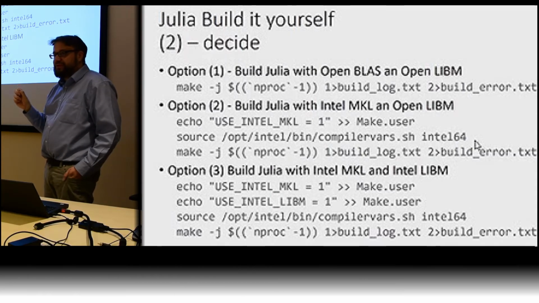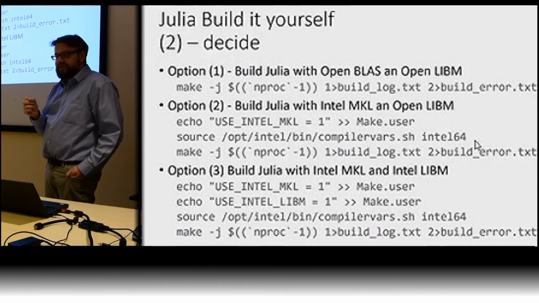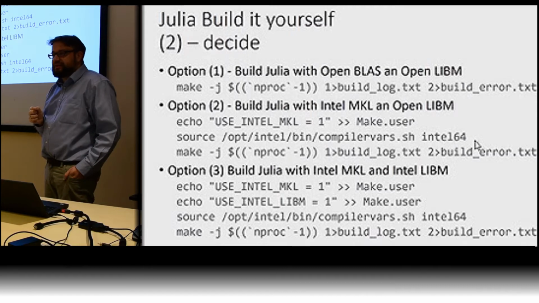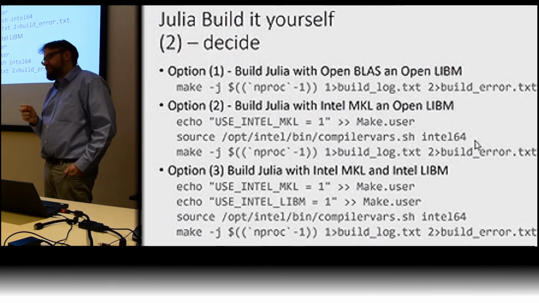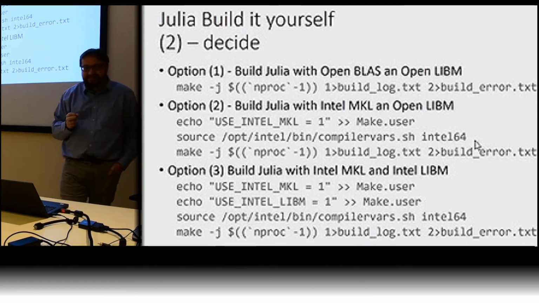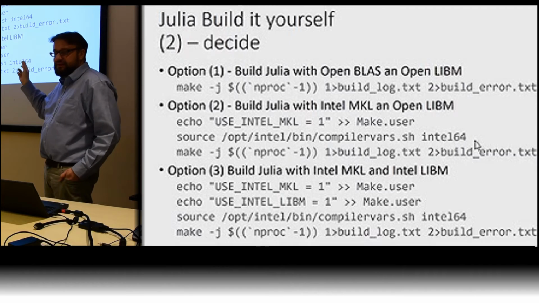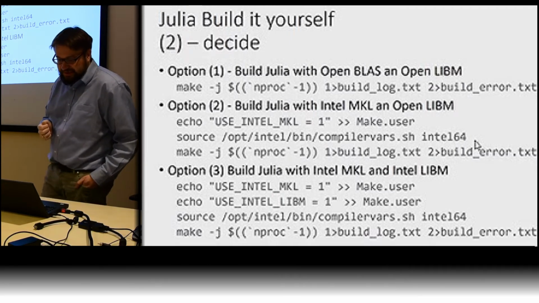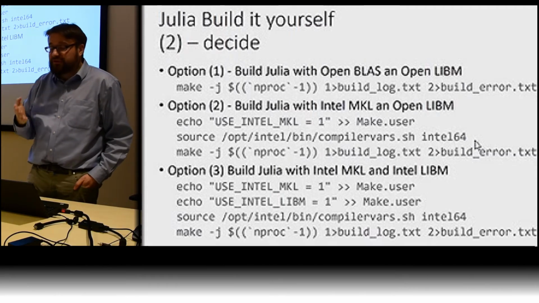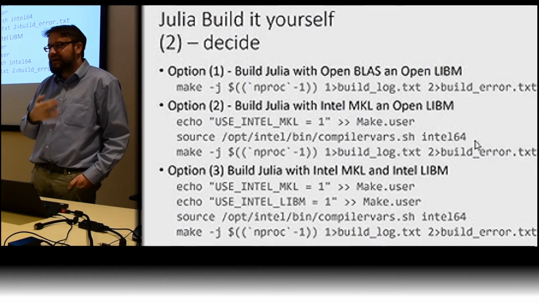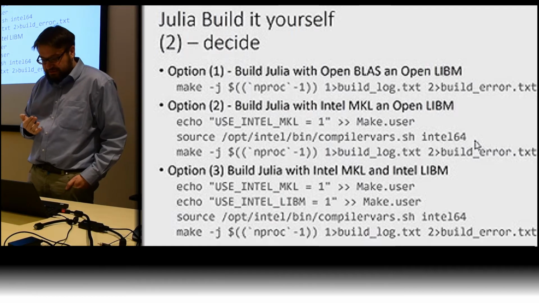For example, if I'm moving away from, let's say, a C4 2x large instance to a C4 8x large instance on EC2, actually the instance architecture is changing, and the code will not work. So you need to be careful about on what instance you are building your Julia and on what instance you are using Julia.